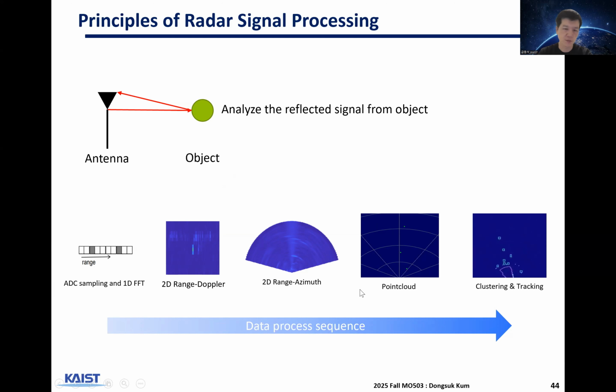Using that information, we can get a point cloud with velocity information. Doing some more signal processing like clustering and tracking, we get the final object level detection results.